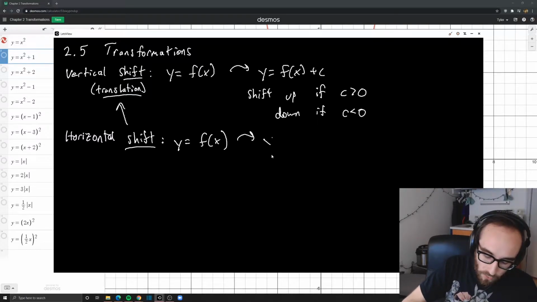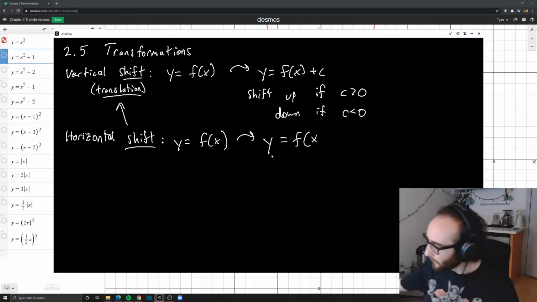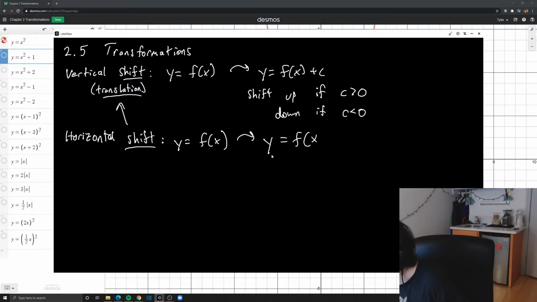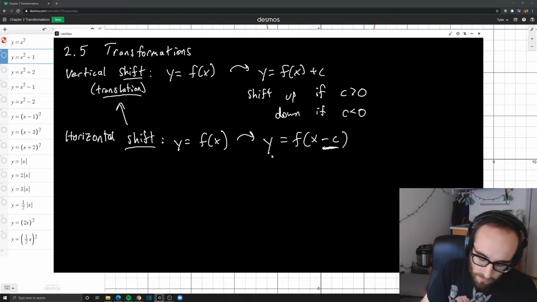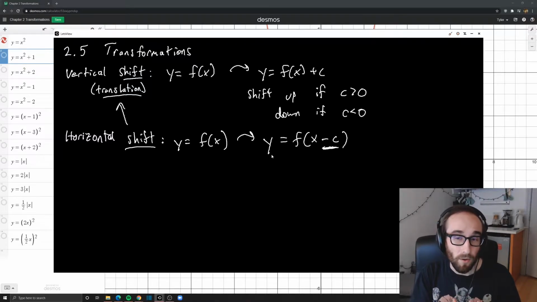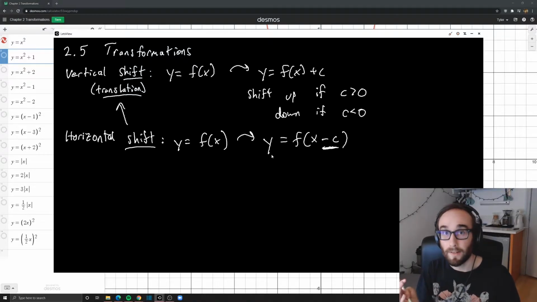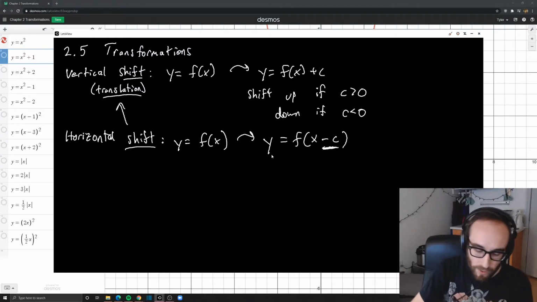So when we transform it, I think our book does f of x minus c. And we have a minus here because it's kind of the opposite of what you'd expect. If we subtract a number, we're actually going to be moving to the right, or moving more towards the positive direction.